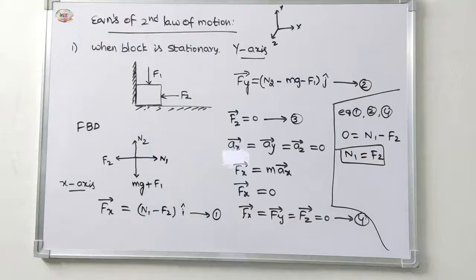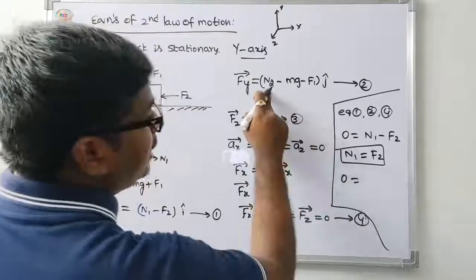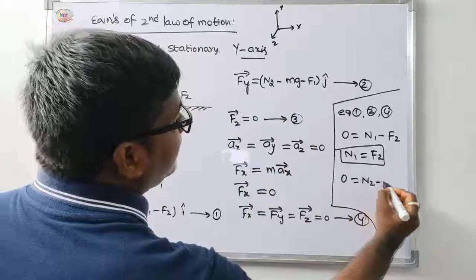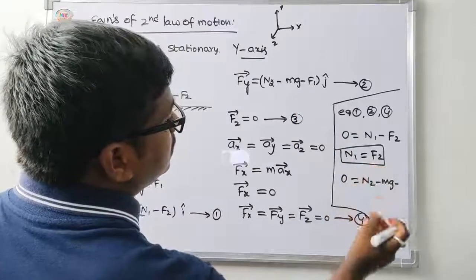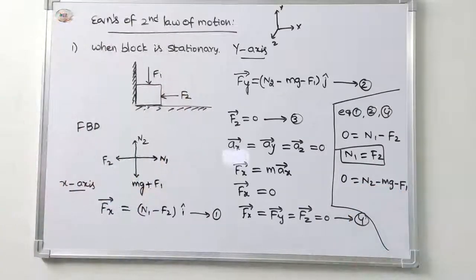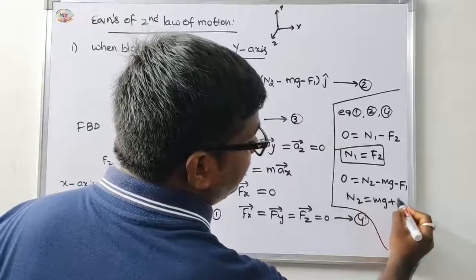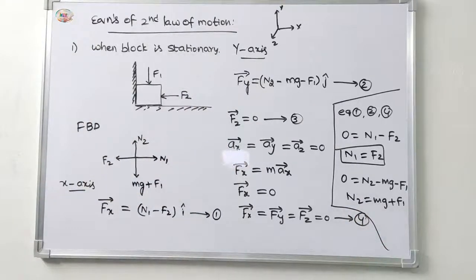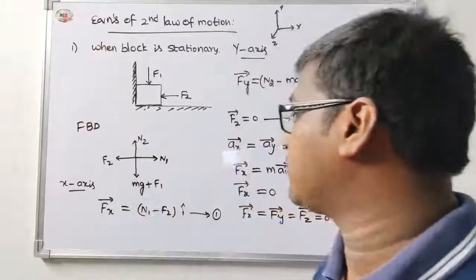Then for Fy, the second equation, 0 is equal to N2 minus mg minus F1, then N2 is equal to mg plus F1. This finds the first normal force and the second normal force when the block is stationary.